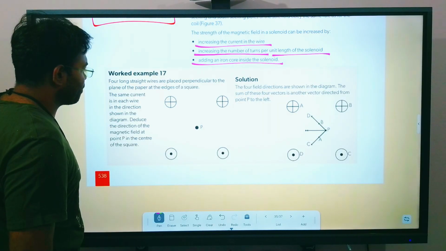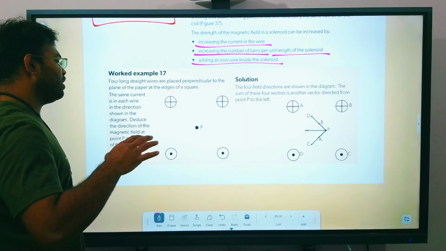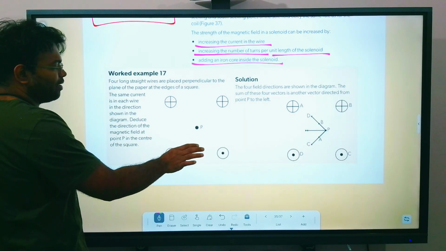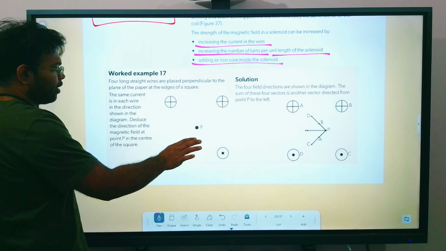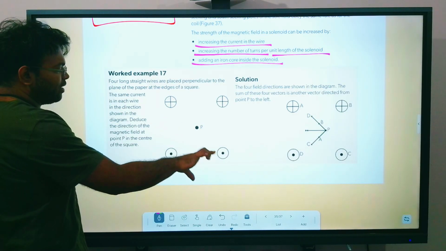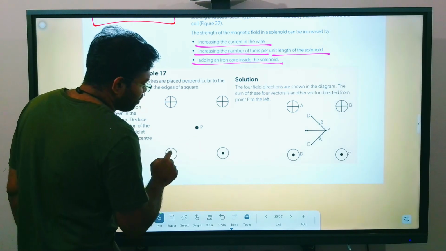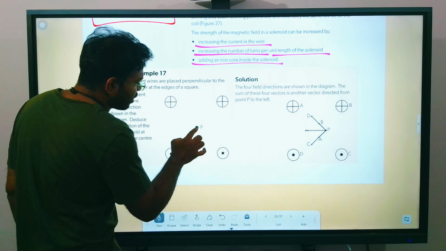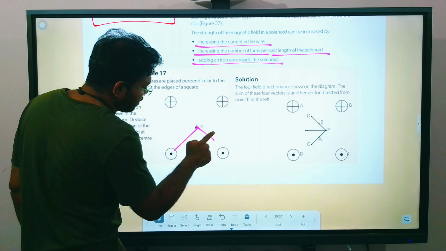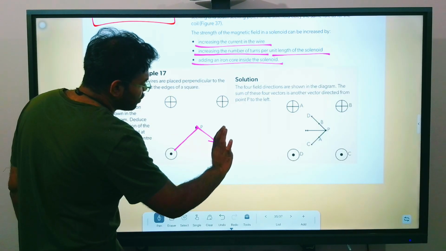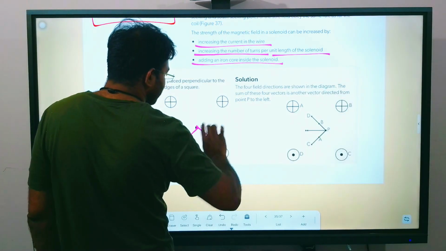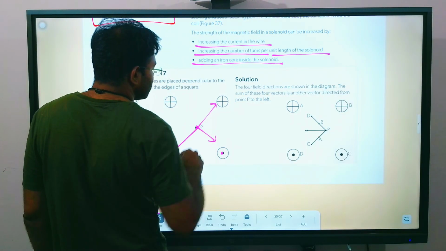Deduce the direction. If the current is going inside here, then the magnetic field will be like this at this particular point, and due to this, at this point it will be like this.